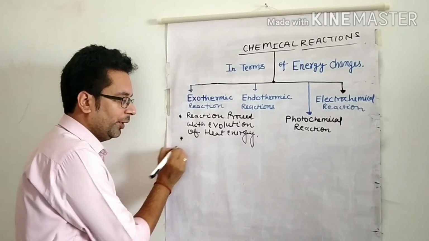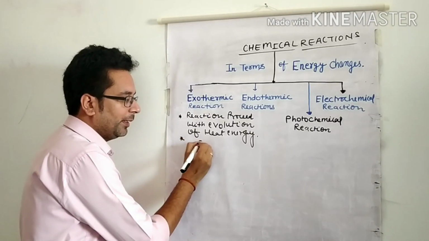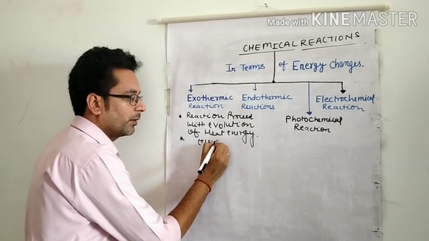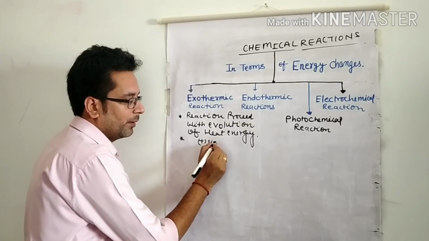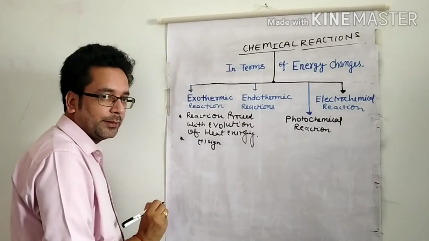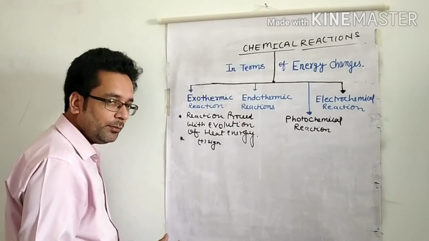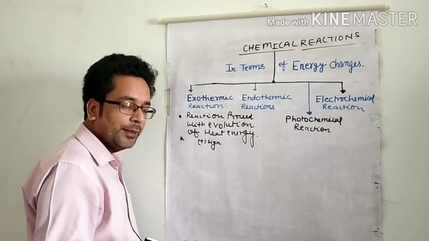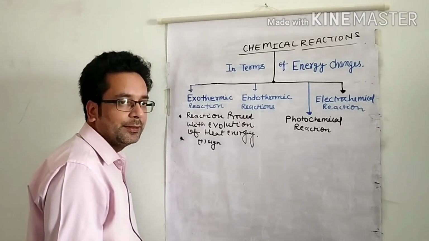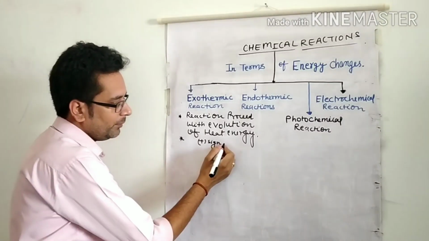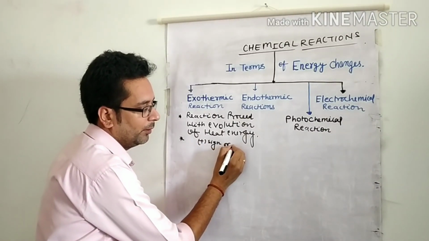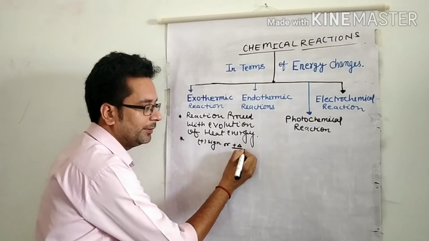Now the second point: it is represented by a plus sign. If any reaction contains a plus sign, it means energy is released. It can be a plus sign or plus delta.